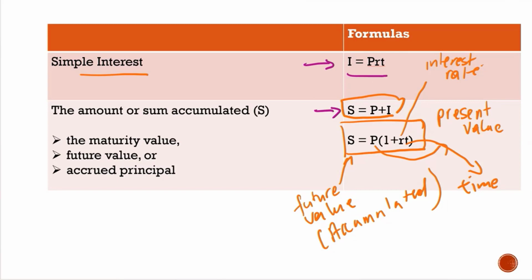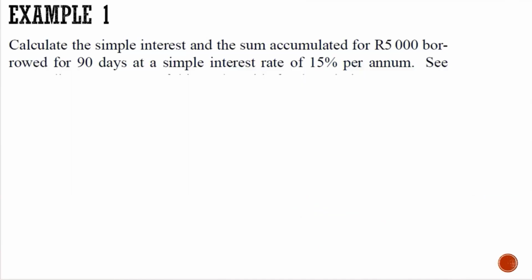So now you are looking for these two, and you want to use these two formulas. Let us first get the one for the interest. We are looking for the interest.